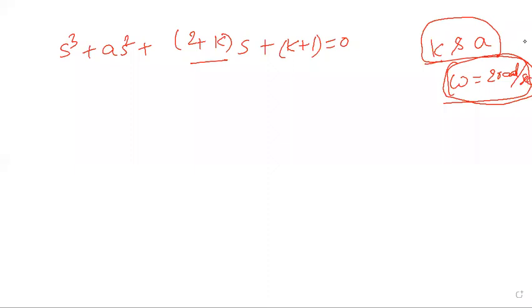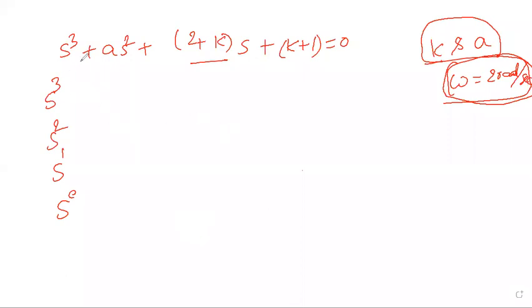Now it's time to form the Routh array. S power 3, S power 2, S power 1, S power 0. Right.